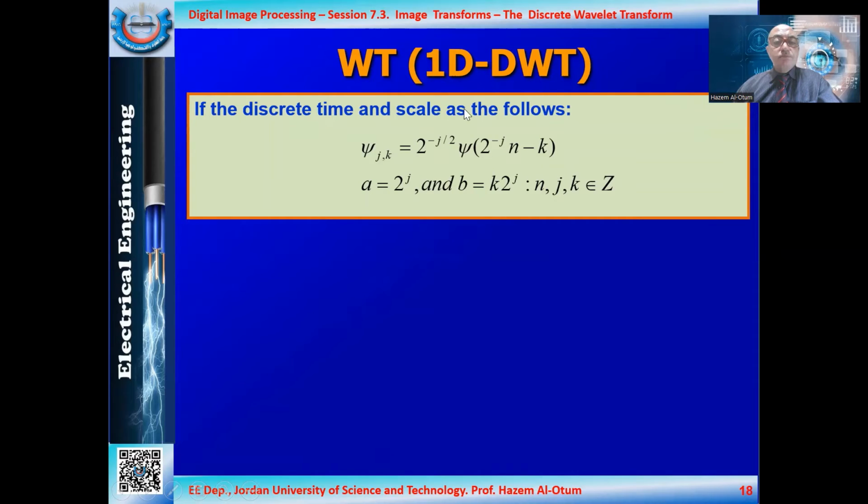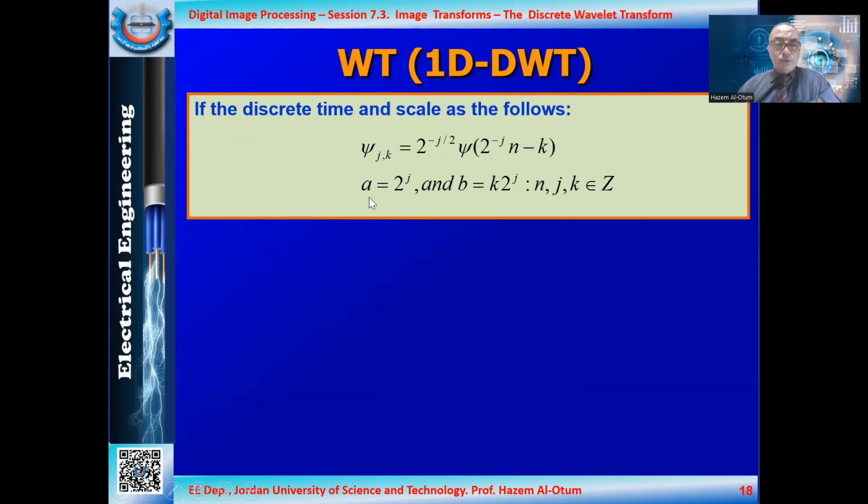Now, if we take the one-dimensional wavelet transform by having a base function this way, these values for the psi function, the relation between the psi function or the base function at level j, it will be related to the psi at the previous level as you see here.